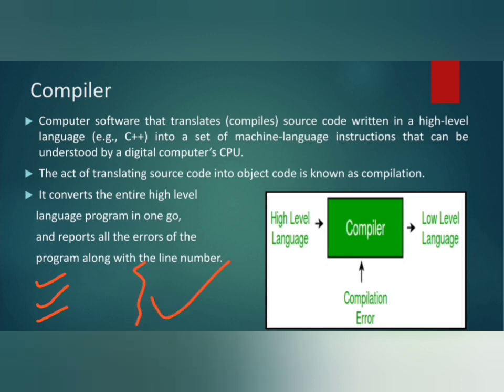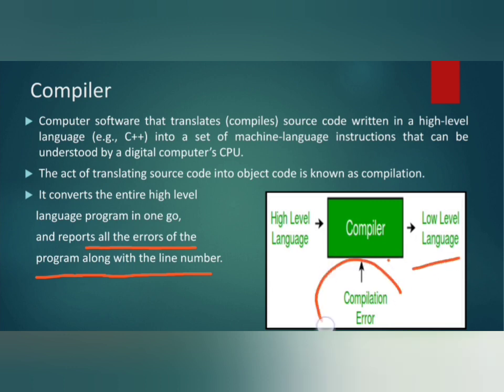The act of translating source code into machine object code is called compilation. It converts the entire high level language in one go and reports all the errors of the program along with the line numbers. So see, high level language, compiler, low level language, and this is the compilation error, which is shown at one time and not repeatedly.